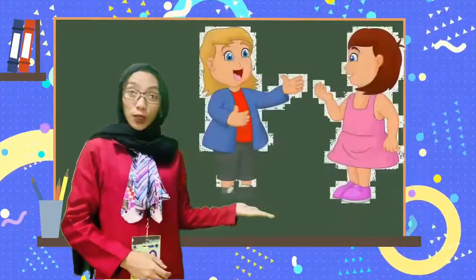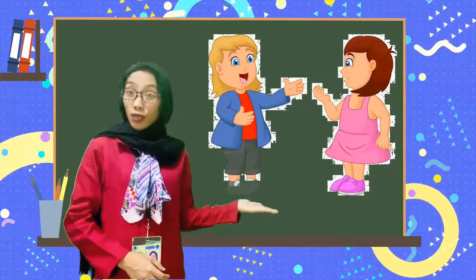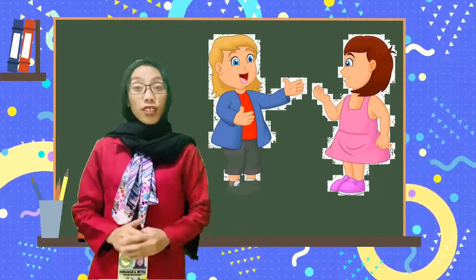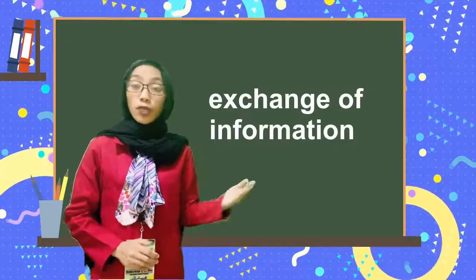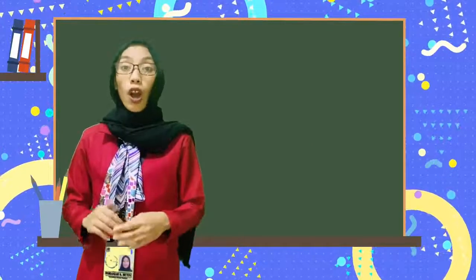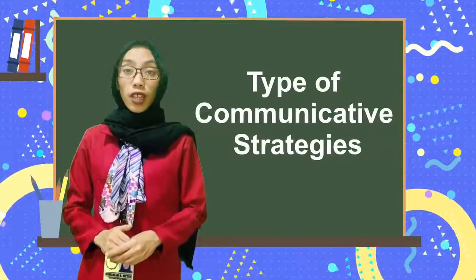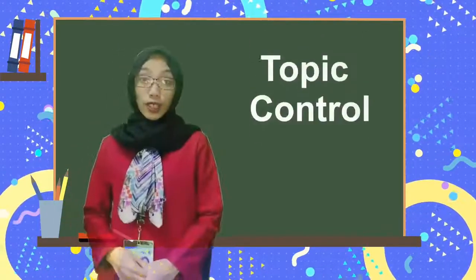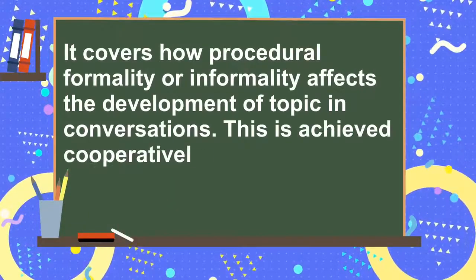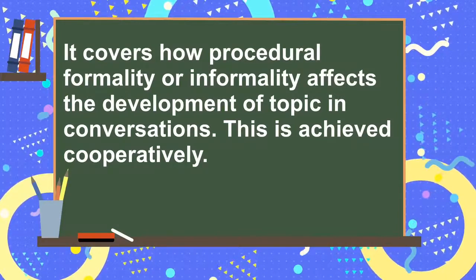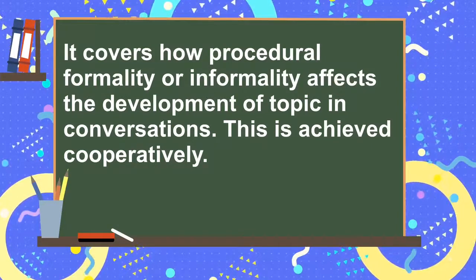Try to look at this picture. What have you noticed? Okay, very good. There is an exchange of information between these people. And that is an example of the type of communicative strategies which is called turn-taking. The fourth type is topic control. It covers how procedural formality or informality affects the development of topics in conversations.